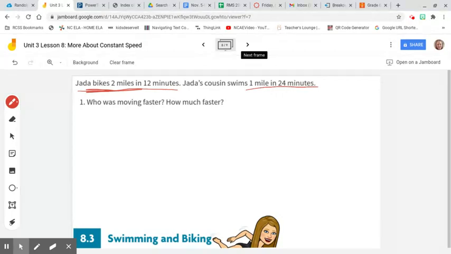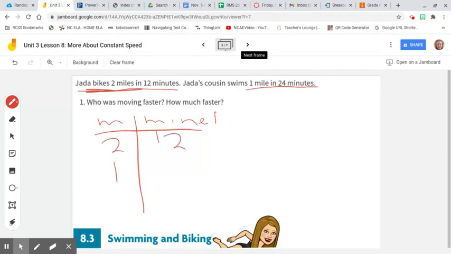So I'm going to attempt to do a table. Miles, minutes. Okay, so 2 miles in 12 minutes, which means she goes 1 mile in 6 minutes. Okay.